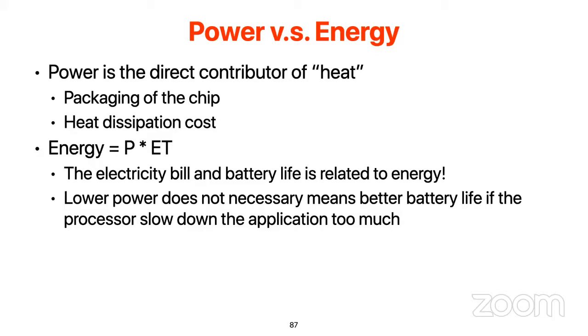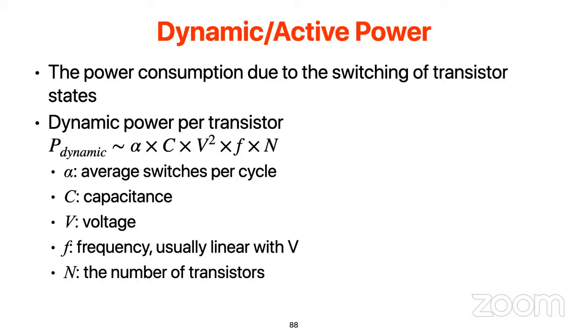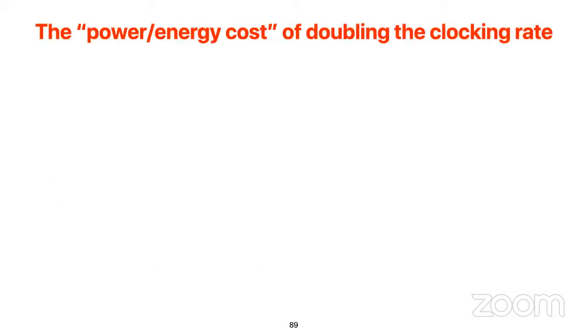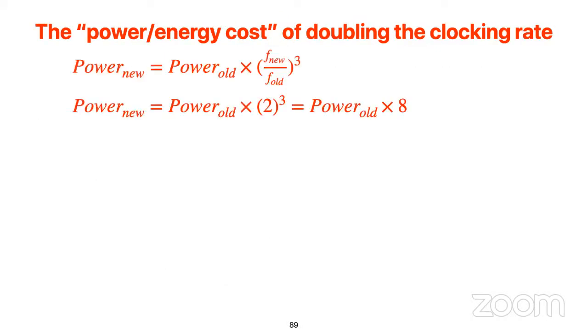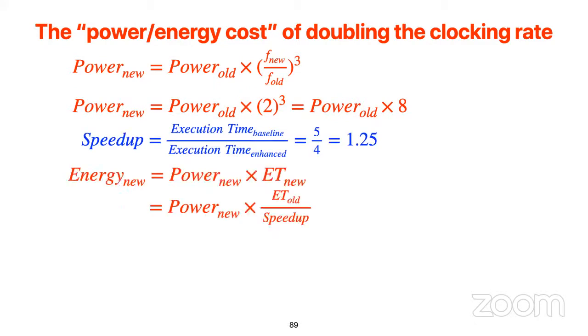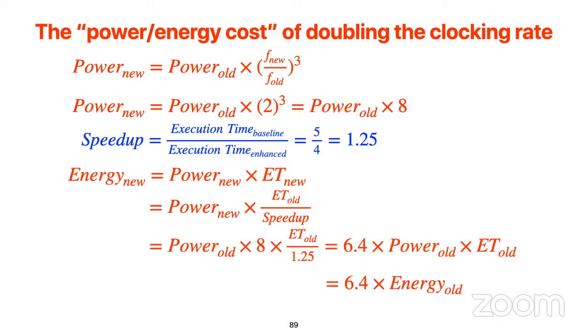For power, there are two types: dynamic power, which has a cubic relationship with your frequency. So most of the time right now, we are not aiming at doubling the clock rate, because it gives you roughly the same amount of speedup as doubling the cores. However, the energy consumption is going to be like 6.4 times, even though I'm just doubling my clock rate.